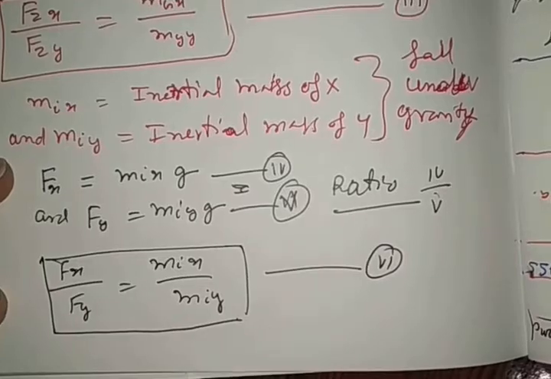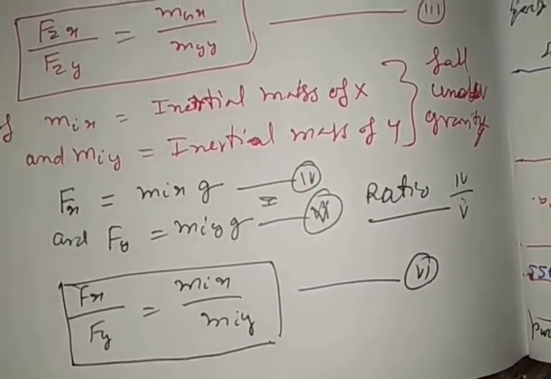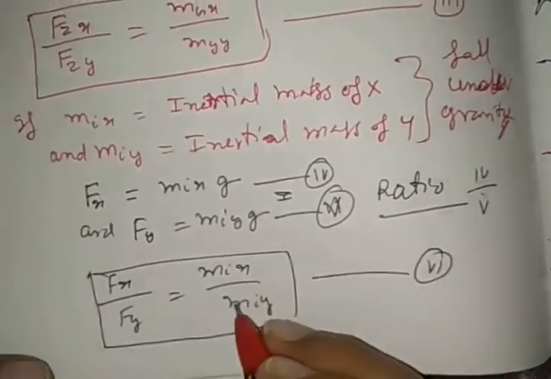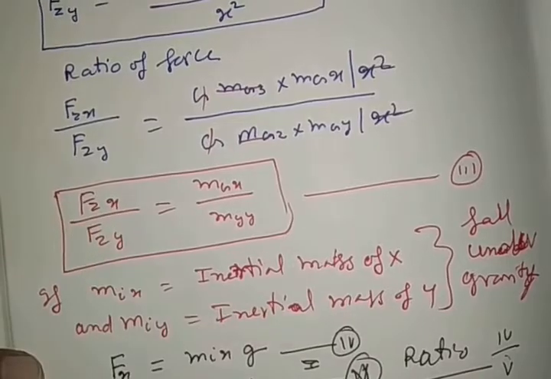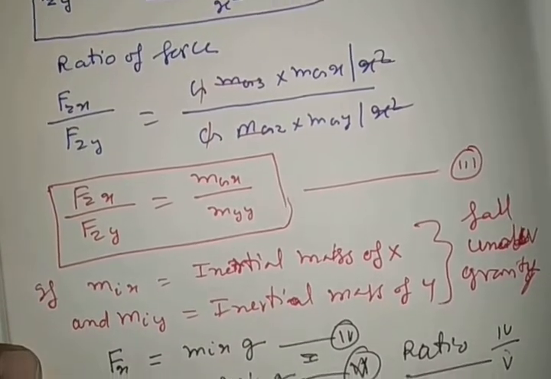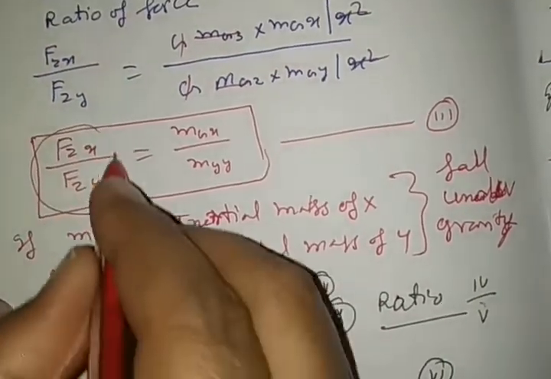Now listen very carefully. Whether we take the inertial mass or the gravitational mass of a body, both are suffering the gravitational force. Here their left hand sides are equal.